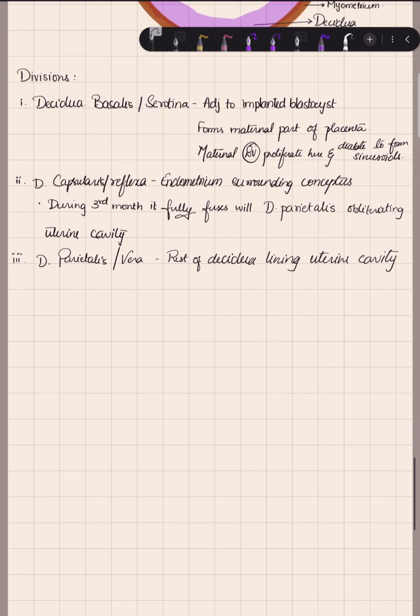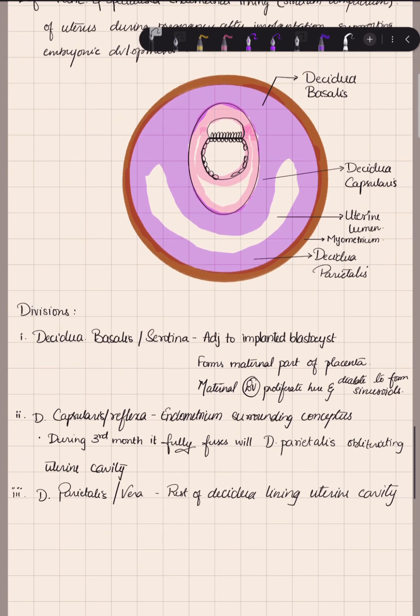Then the next part, you have the decidua capsularis, the endometrium surrounding the conceptus. So this is the conceptus. The endometrium surrounding the conceptus is called the decidua capsularis. As the conceptus or the embryo grows in size, it will push this layer and stress it.